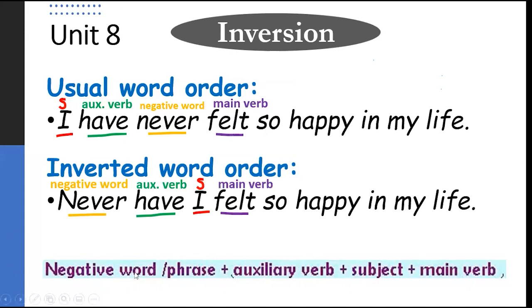We always begin with the negative word or the phrase. Then we put our auxiliary verb followed by the subject and the main verb.